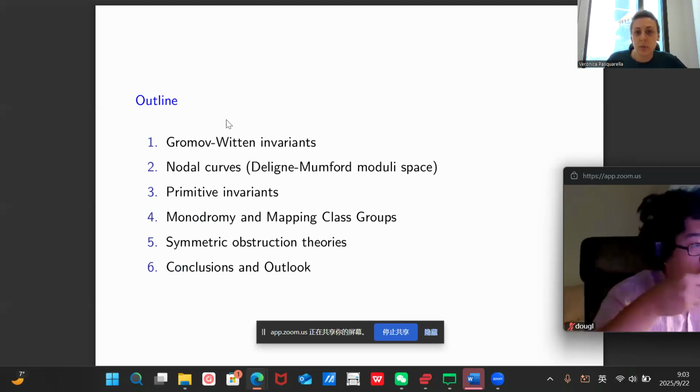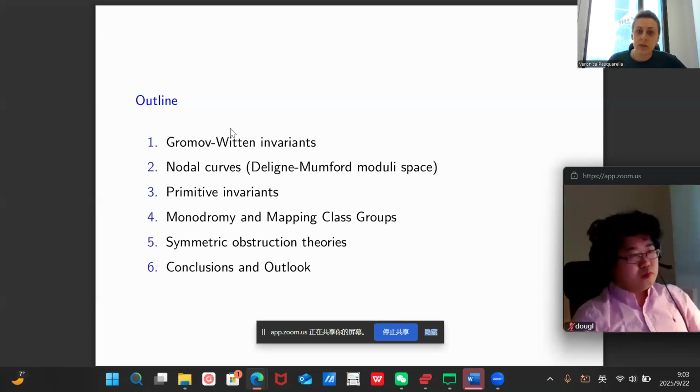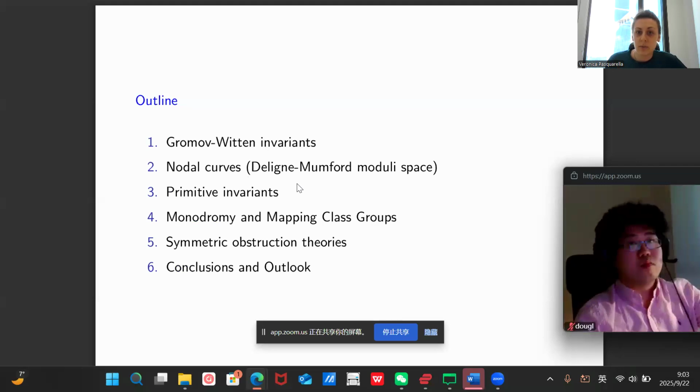So the outline is as follows. I'll first introduce Gromov-Witten invariants. I'm going to be very pedagogical, but I think it's useful to keep in mind what the ingredients are that we need for this analysis. Then I'm going to talk about nodal curves and Deligne-Mumford moduli spaces, which are the particular setting of my analysis. And then I'm going to introduce primitive invariants, which have only recently been rediscovered in the context of calculation of Gromov-Witten invariants. And I'm going to explain how they basically arise in the context of geometric topology.